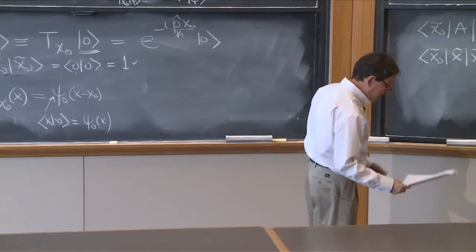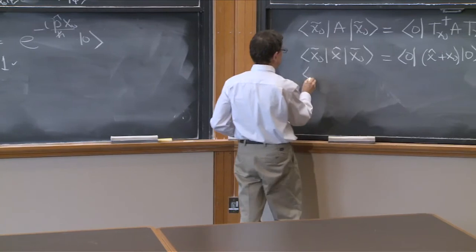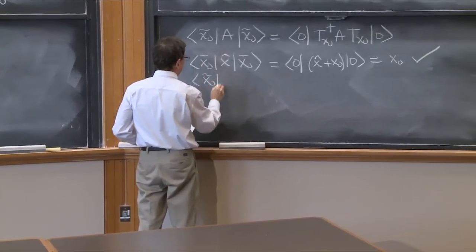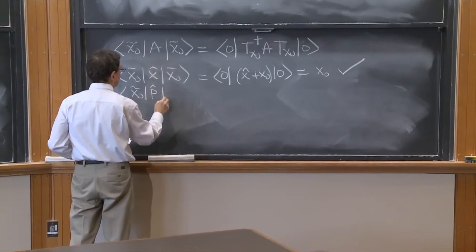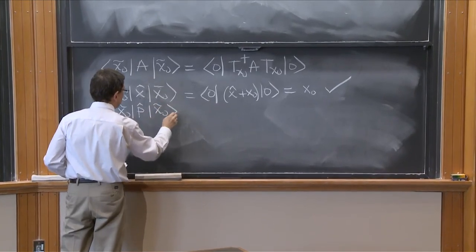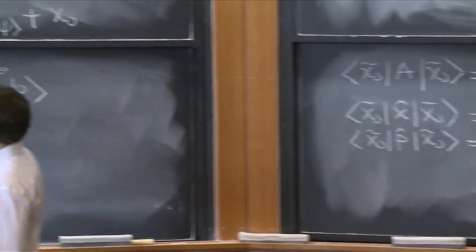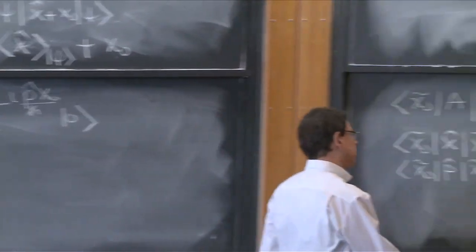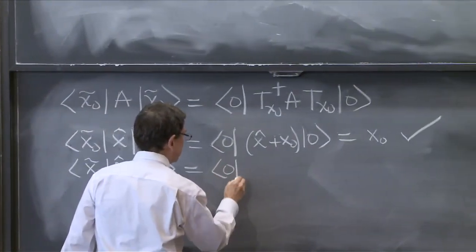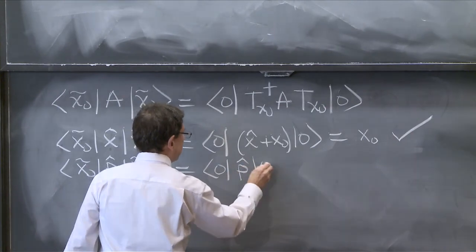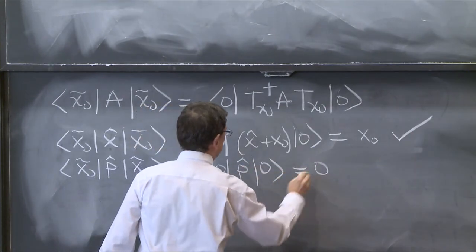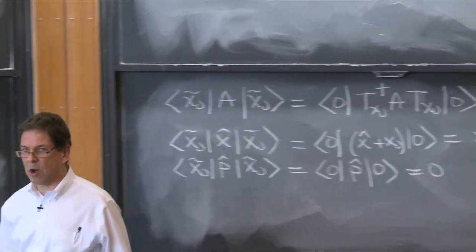How about the momentum? The expectation value of p hat on x0. Well, p acted by the translation operator is unchanged. Therefore, we got <0|p|0>, and again that's 0. So this state still has no momentum.